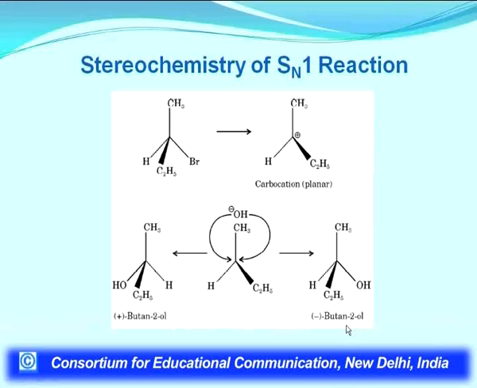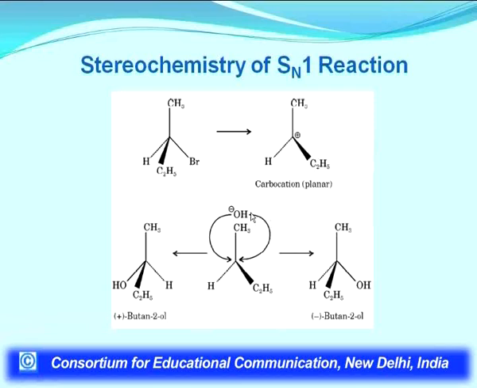But actually in experiments it has been observed that in an SN1 reaction, again inversion is slightly more than retention, meaning the product that we get is not 100% racemic mixture; it has a slightly higher concentration of the inverted product. That can be explained on this basis: as the halide ion has left and a planar structure has formed, the negatively charged bromide ion will be on the same side from which it was leaving.